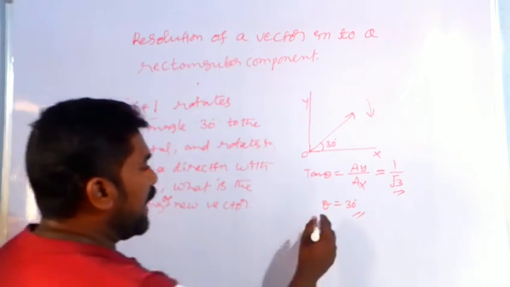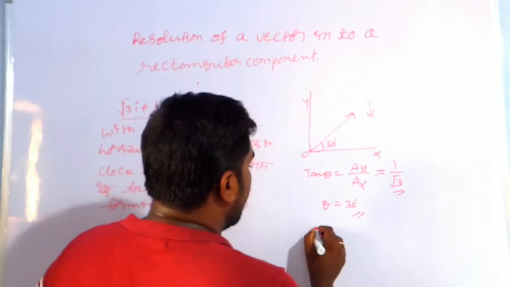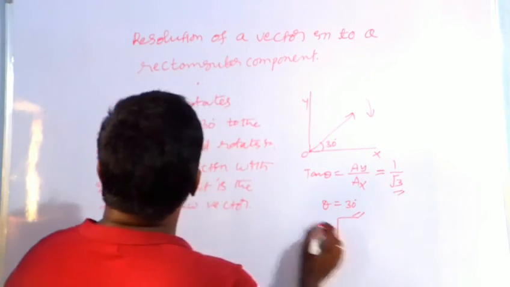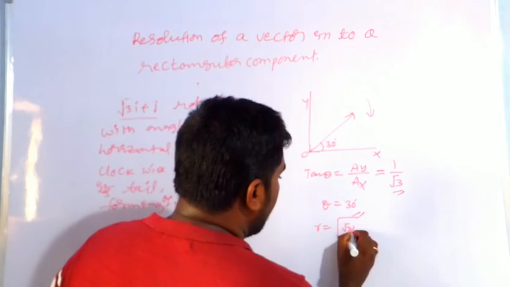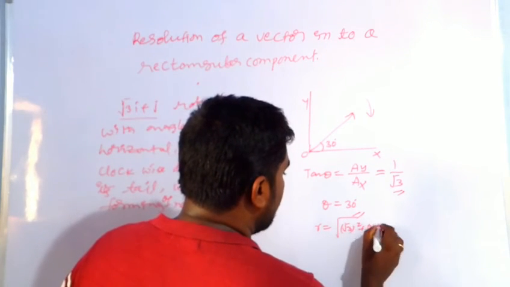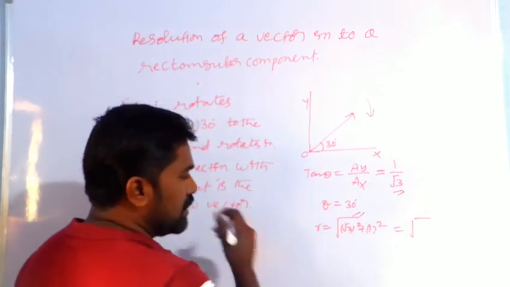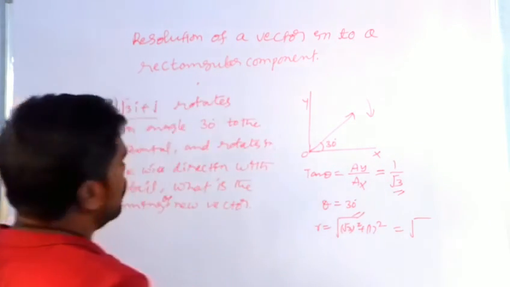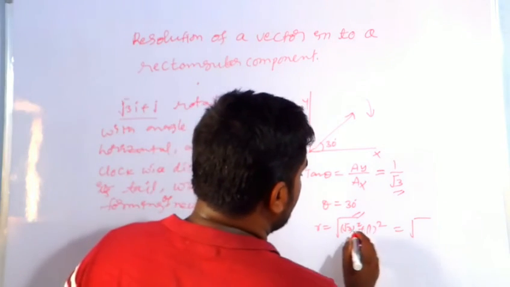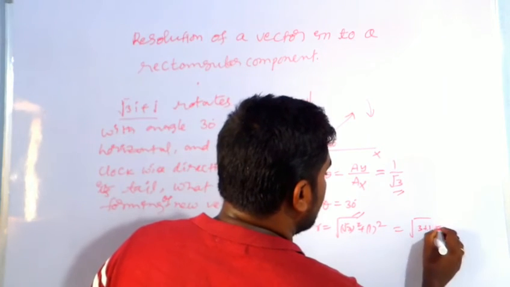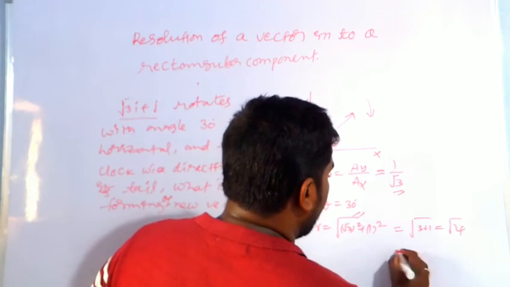And the magnitude of the vector, r, equals under root of root 3 square plus 1 square, which is 3 plus 1, equals under root 4, which is 2.